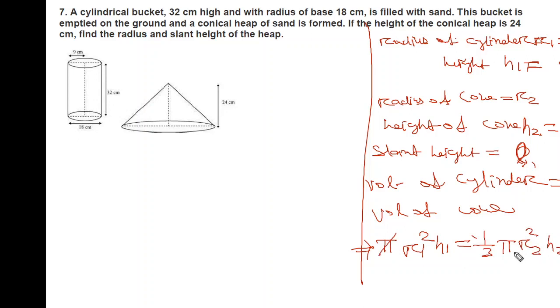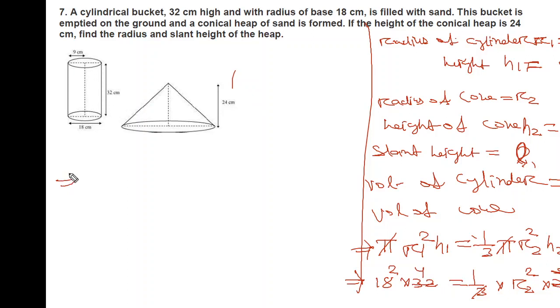Here you can cancel pi, then we'll put the values. R1 is your 18 square into h1 is your 32 is equal to 1 by 3 into r2 square into h2 is your 24. You can cancel this with 8, then you can cancel the 8, here it will be 4.